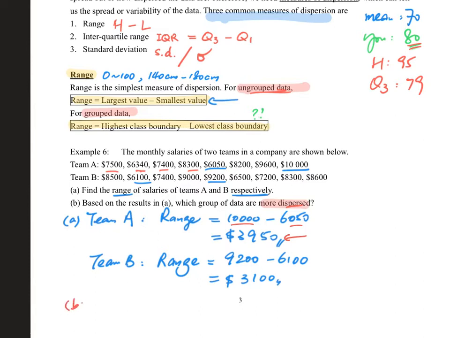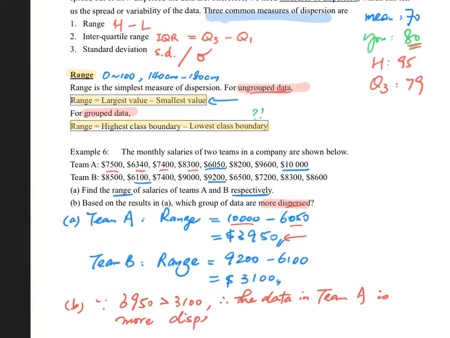So in part B, you would say that because 3950 is greater than 3100, and the greater the value of the range, it means that the data in team A is more dispersed. Hopefully it will be a very easy task for you, using the range to make a simple analysis.